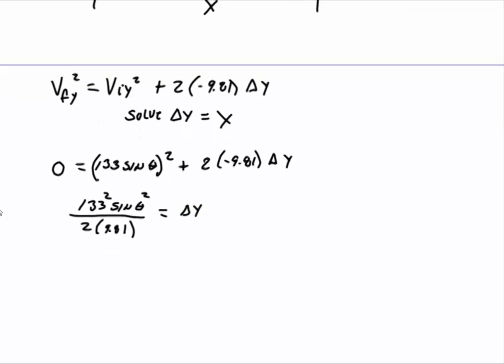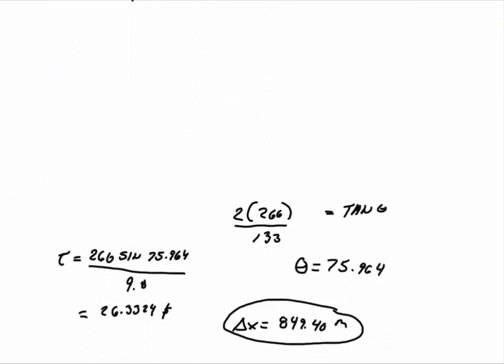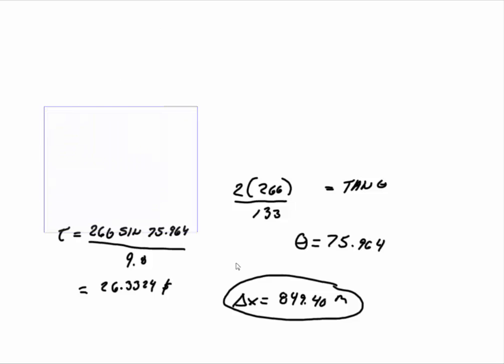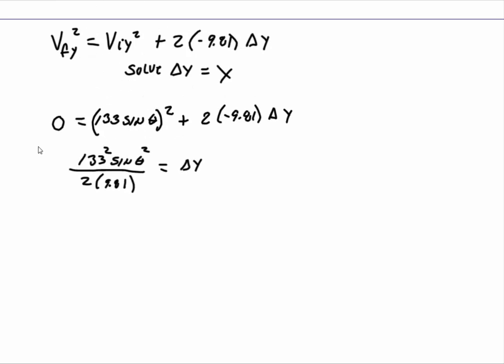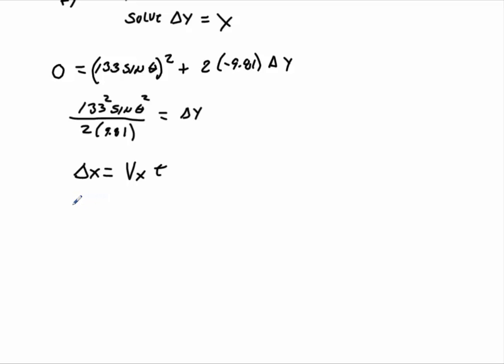Then we'll go back and solve it in the x direction. Let me eliminate this from previous work and rewrite it here. When we do our x components, we have no acceleration in the x direction, so delta x is nothing more than Vx times t. We'll write that out as delta x, which is also equal to delta y, because our x distances are going to be the same.